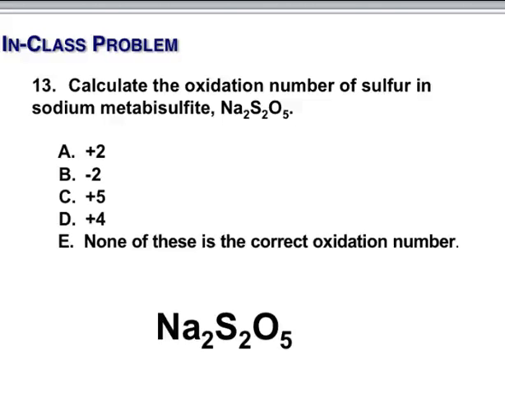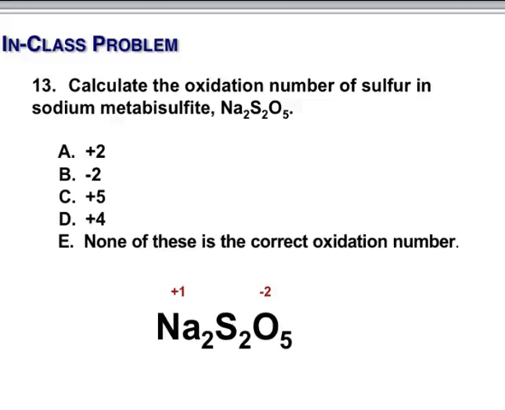So, let's start here with what we believe in, and that's going to be our oxygen and our sodium. The oxygen is going to be -2, isn't it? Our sodiums are going to be +1. So we have 2 times 5, 10 negatives, right?